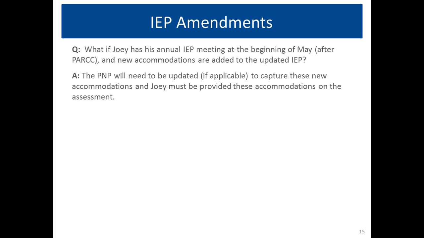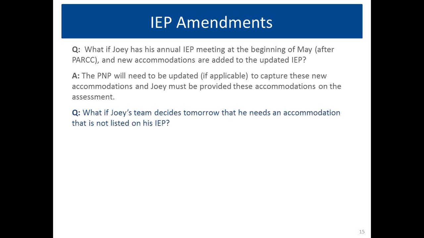So you're going to have to update that to capture those new accommodations. And yes, you need to provide them to Joey for the science. It doesn't matter if he did not receive them at the time of PARCC. Since his IEP has changed, you're obligated to provide anything that his new and current IEP says he should be getting.